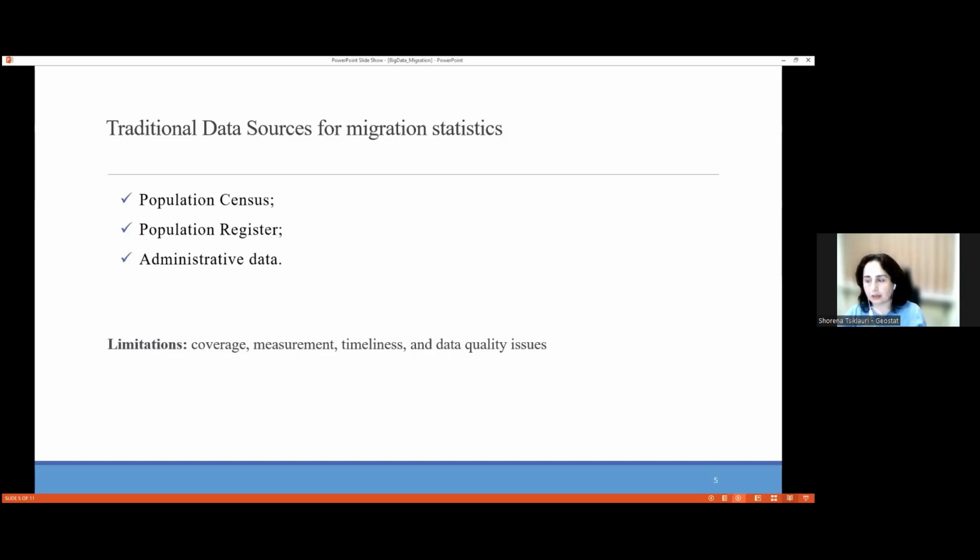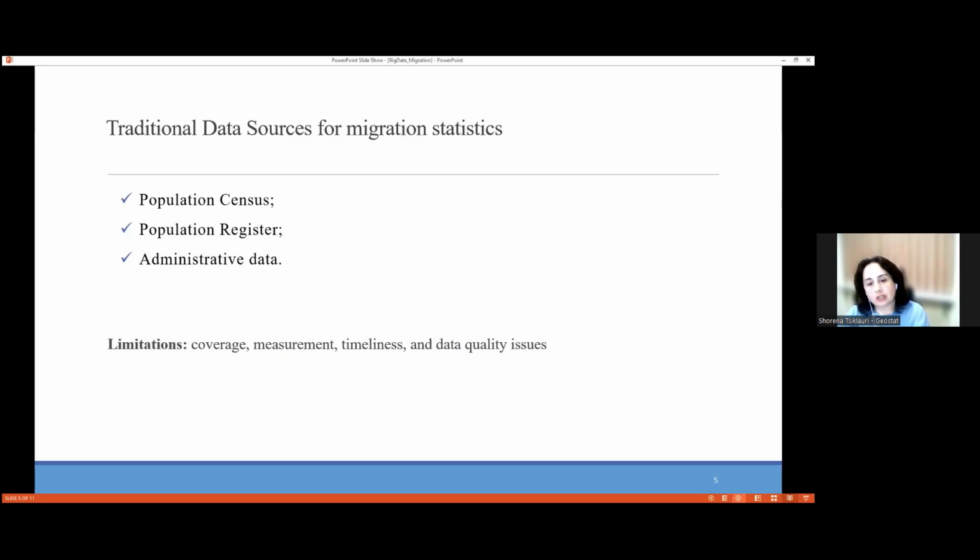It is very difficult during population censuses to collect information about immigrants because, for example, if the whole family left the country, it is not easy to interview anyone to collect this kind of information. Or sometimes family members are afraid to give you information about their illegal or irregular family members. So the population census is not a very good source to produce immigration statistics.